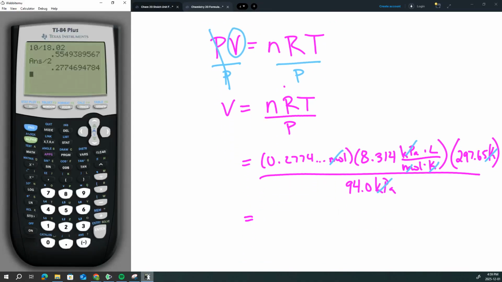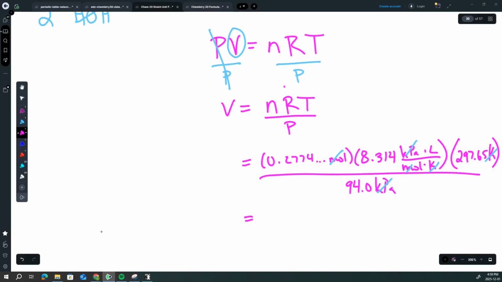All right, so let's put this in our calculator. We're going to go our answer times by 8.314 times by 297.65 equals, and then divided by 94. So we're getting 7.304, goes on forever.